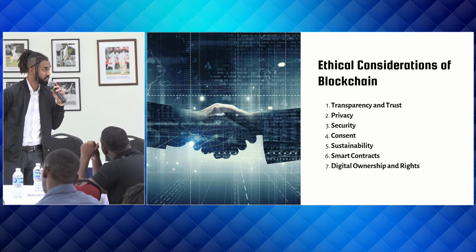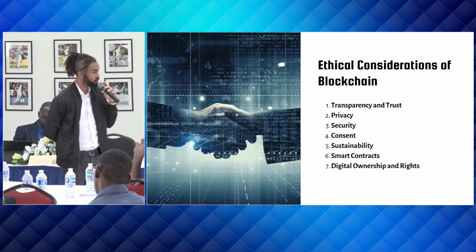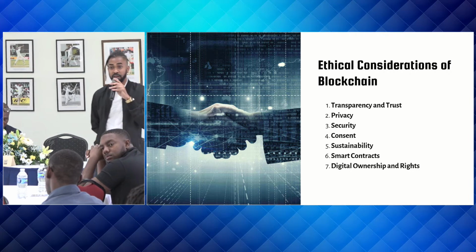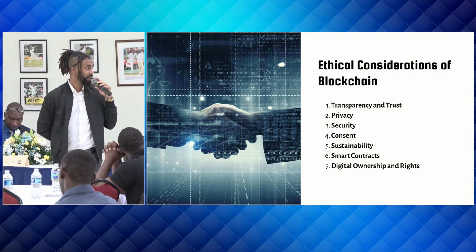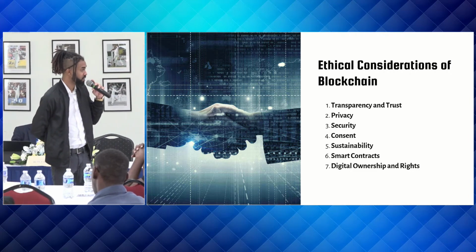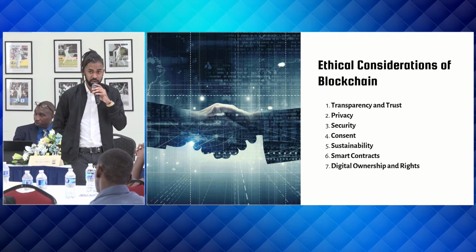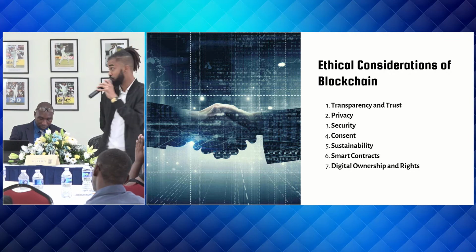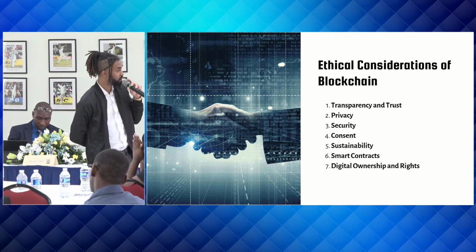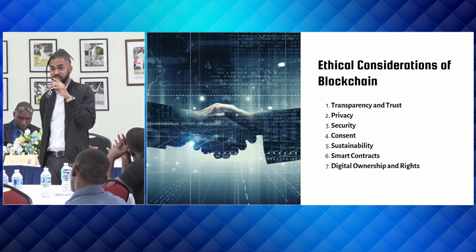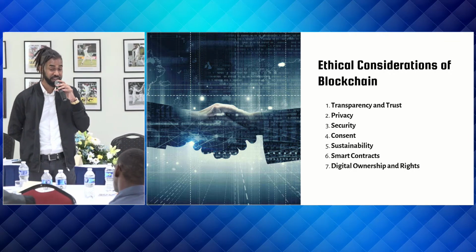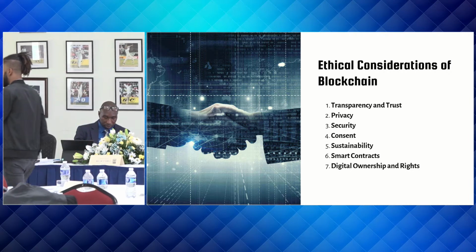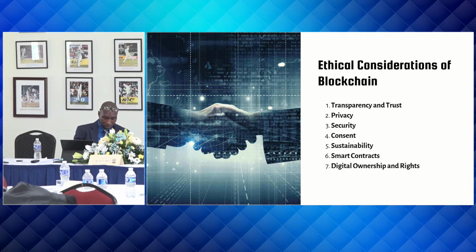There is the sustainability and smart contract aspect as well. We need to ensure that they're not being utilized in a negative manner, because there are some loopholes with blockchain as a new technology. We need to ensure that there is much more regulation and legislation in how we utilize them safely and securely. And then, of course, digital ownership and rights.